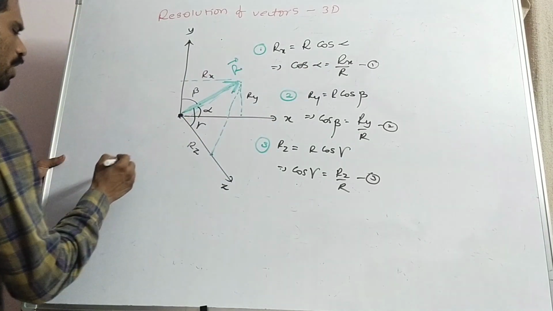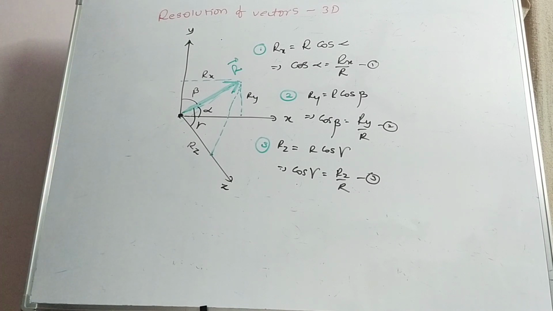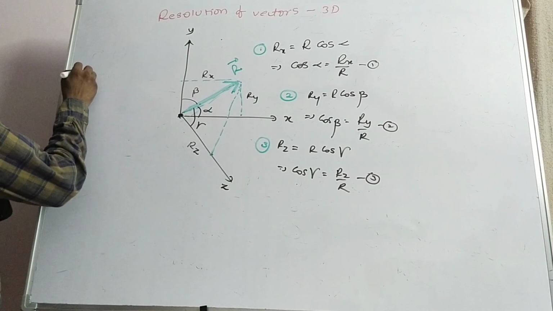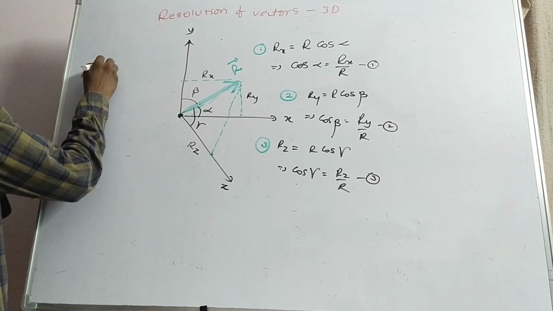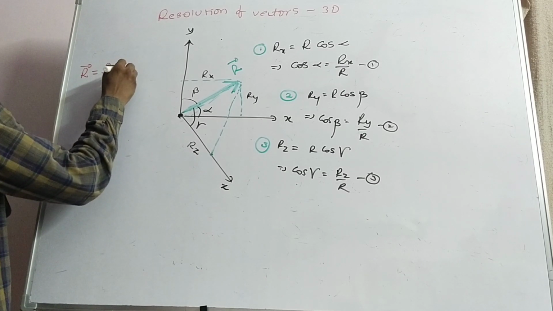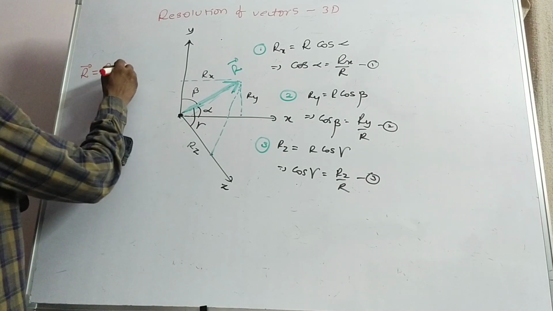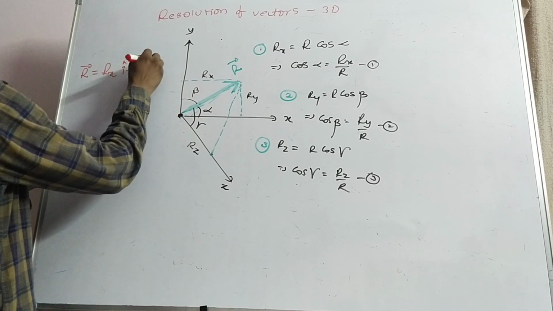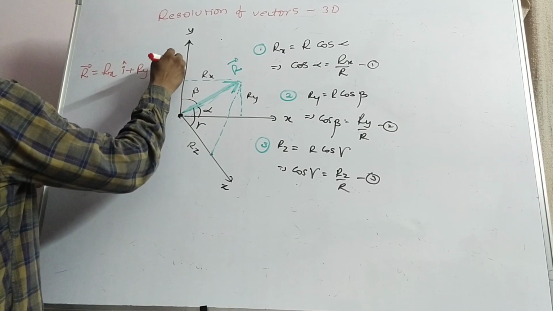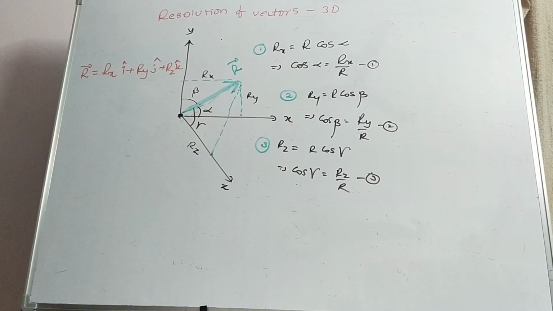Using this, what will be the vector? Vector R bar is equal to Rx i cap plus Ry j cap plus Rz k cap.